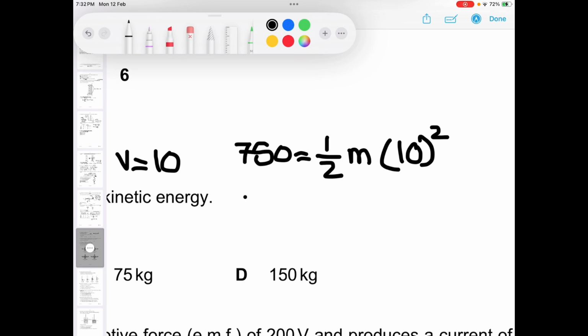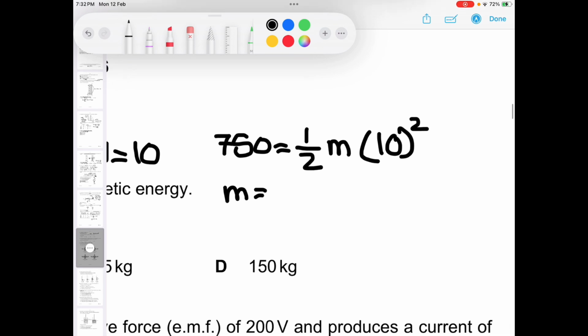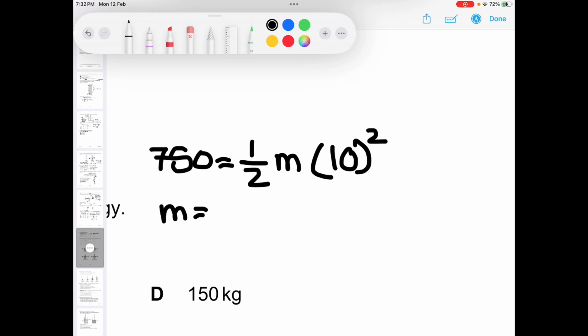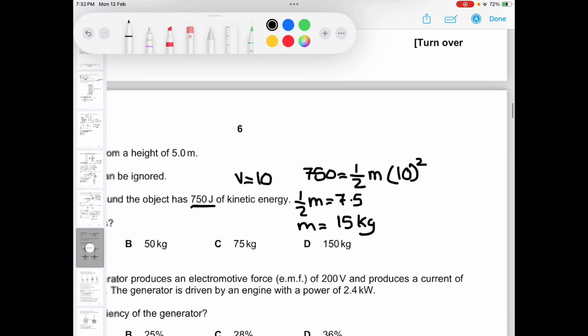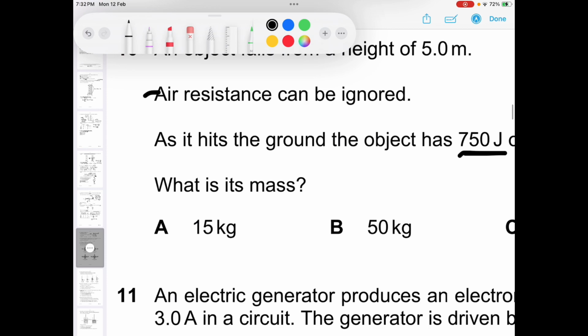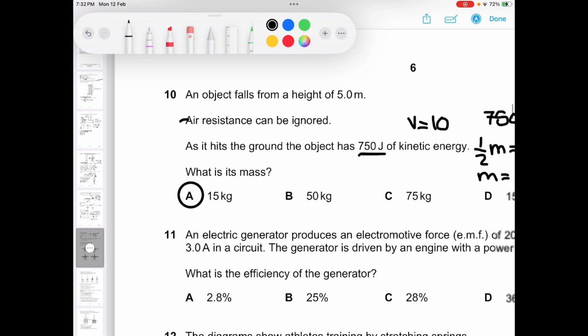So to do a quick algebra, half m is equal to 750 divided by 100, which is 7.5. M is equal to 15 kilograms. The answer is A.